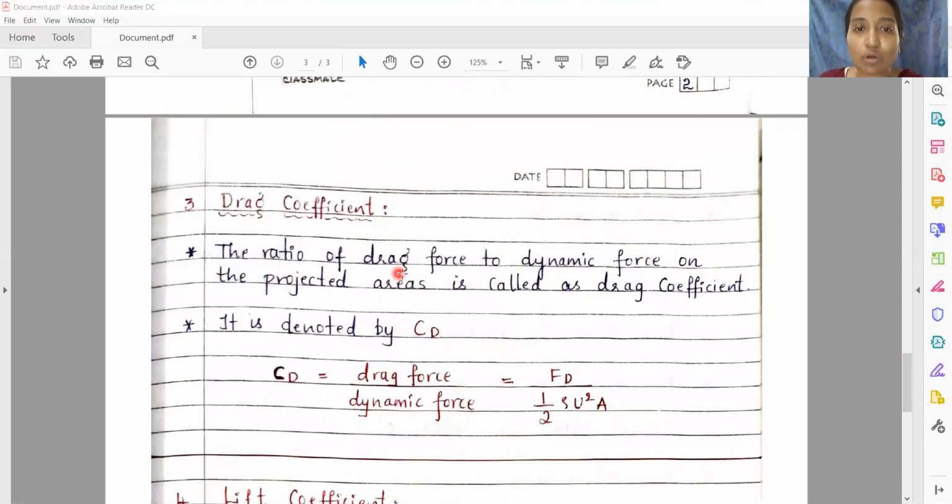It is the ratio of the drag force FD to the dynamic force, half rho U square A, on the projected area. You denote it as CD. So CD is equal to drag force by dynamic force, which you can write as FD divided by half rho U square A.